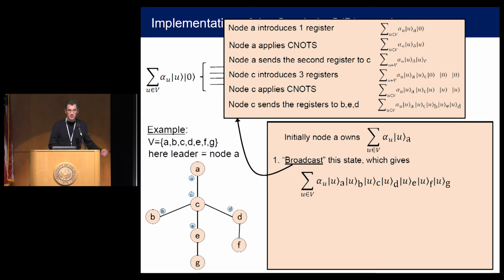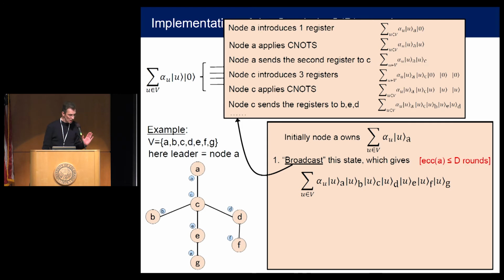And we continue like this. And at the end, you will get this state, where each of the 7 registers is owned by one of the 7 nodes of the graph. Okay? So I explained how to do this broadcast operation on this simple example.